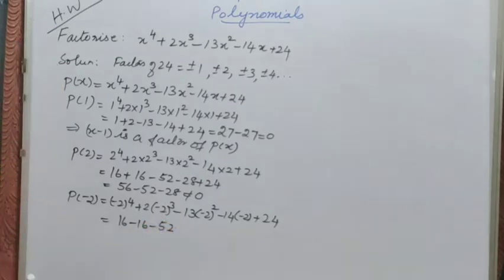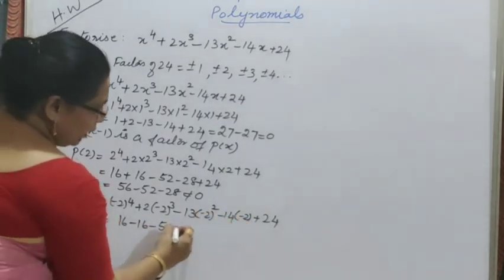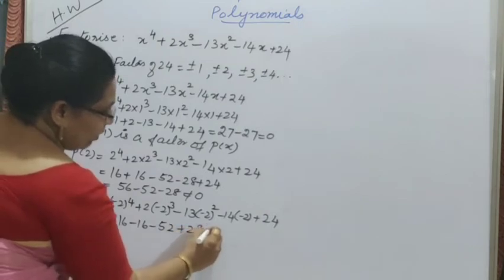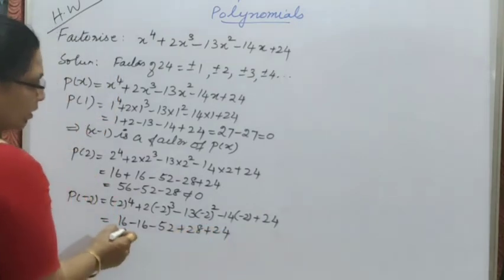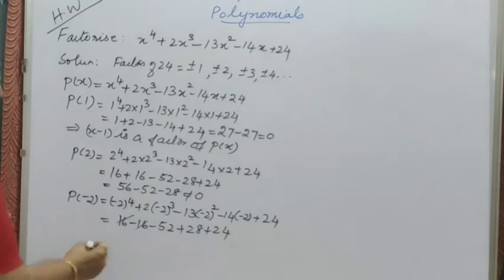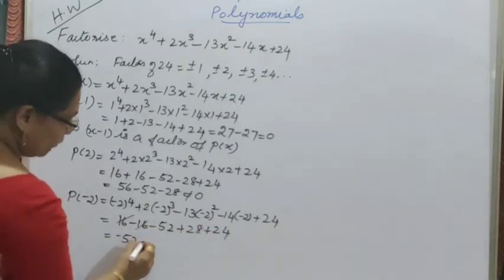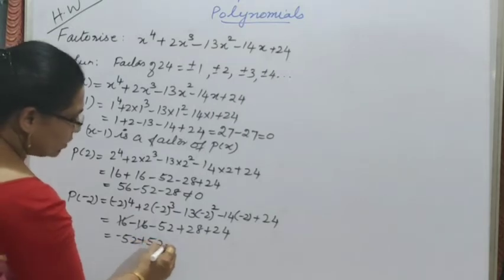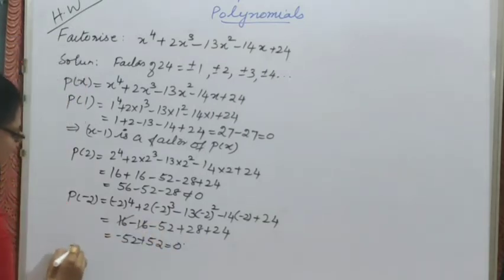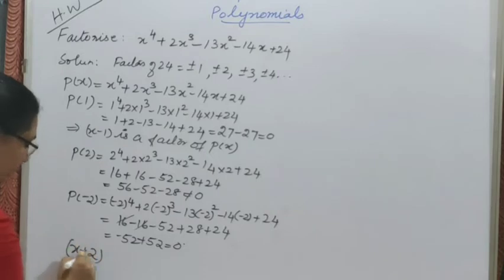So sign is minus, minus 52, minus 14 into minus 2 plus 28 plus 24. So 16, 16 will get cancelled. So minus 52 is there and this value is plus 52. So it is equal to 0. So x plus 2 is a factor.